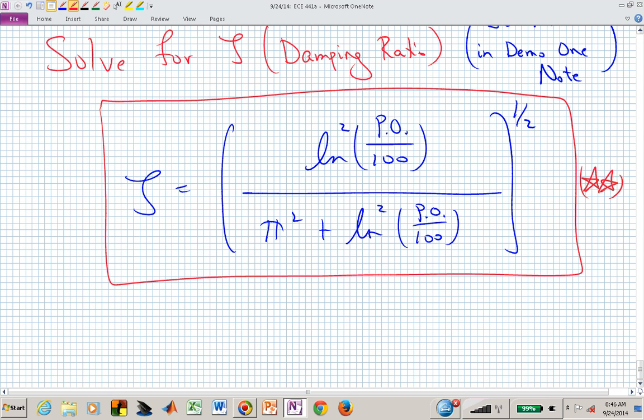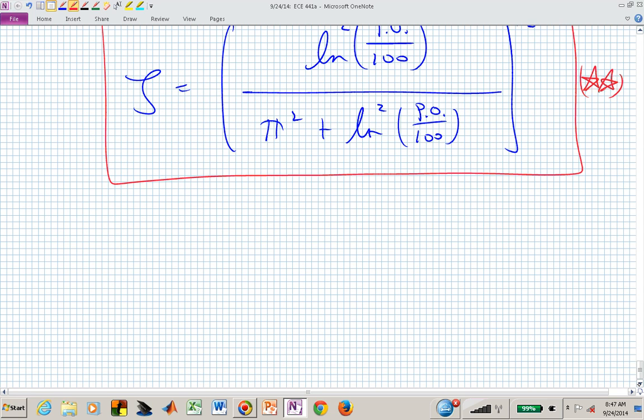You take that ratio and then you take the square root of that result, and that will give you a zeta. And zeta better be between 0 and 1, because zeta is the cosine of theta. So if you get something that's not between 0 and 1, you've maybe punched something in wrong. That's our second relationship. Now we have exactly where our pole is.